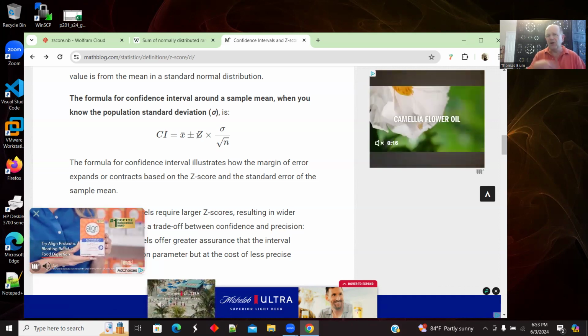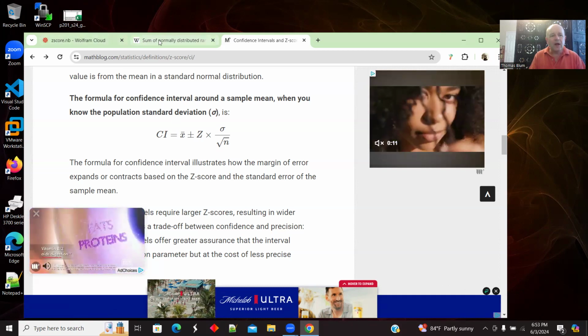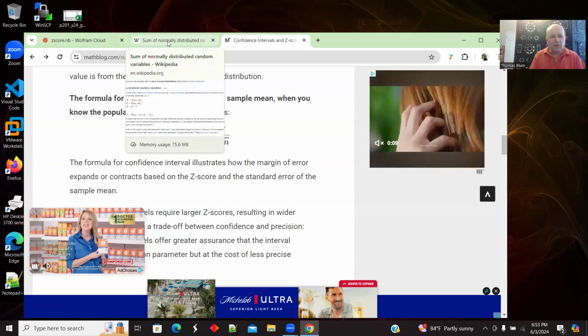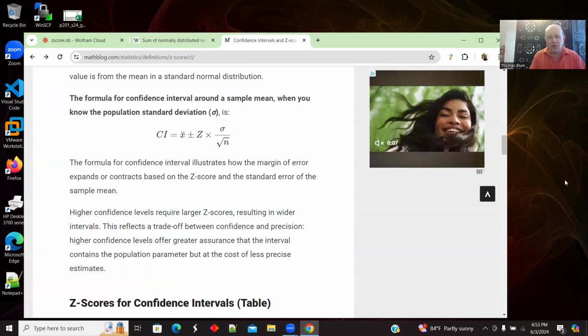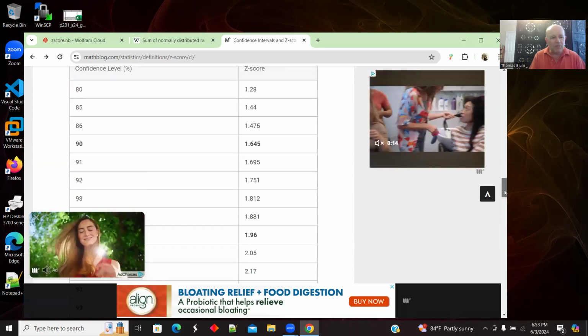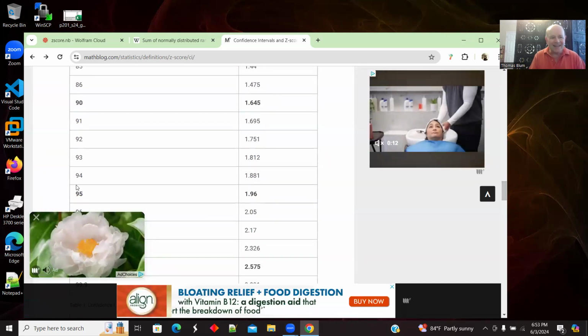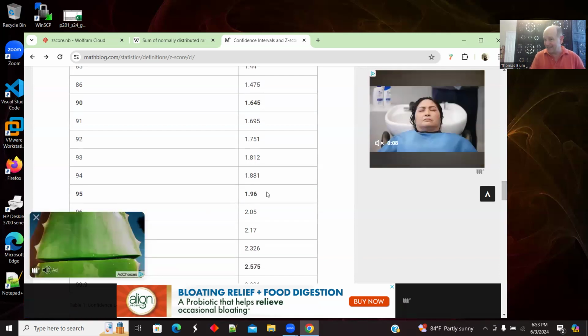And then people talk about one tail or two tails, and we're going to do the two-tail approach. There's a standard number for 95% confidence here of 1.96.